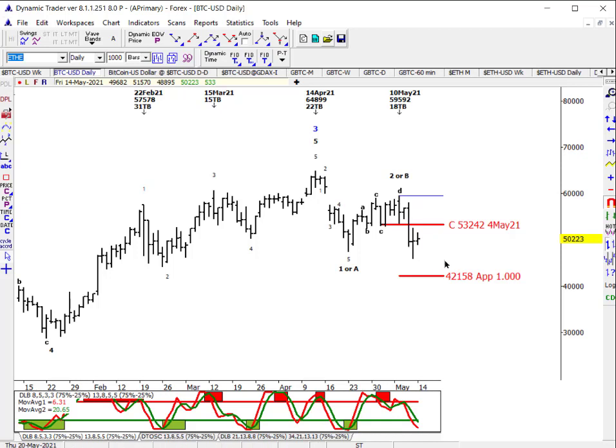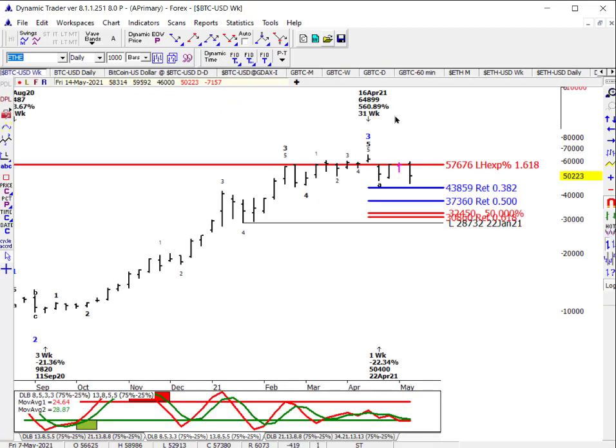The decline should continue eventually to around 42,000. That's kind of the minimum target over the next few weeks. So while we're going to probably see a daily low in the next couple of days, that's a daily low followed by a 3 to 4 day corrective advance and then a continuation of the bear trend, probably to around 42,000. And that's just a typical target zone.